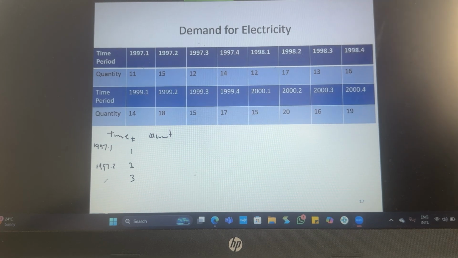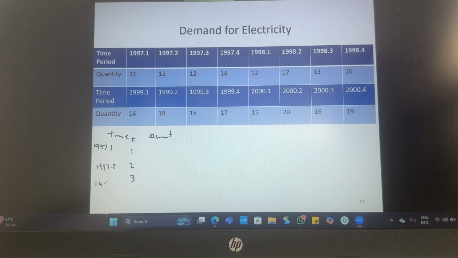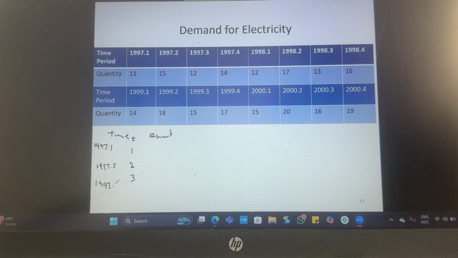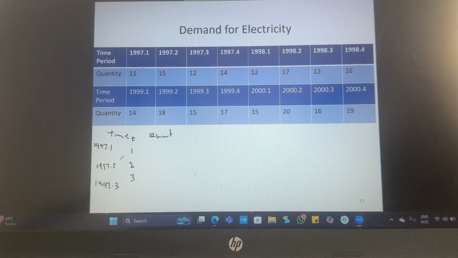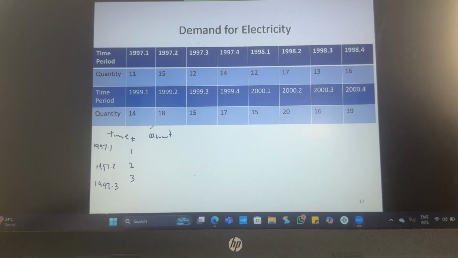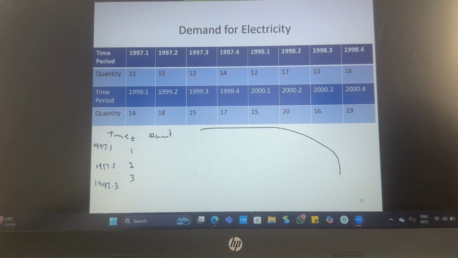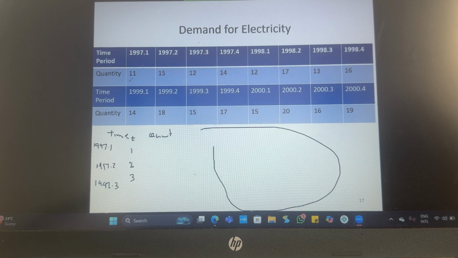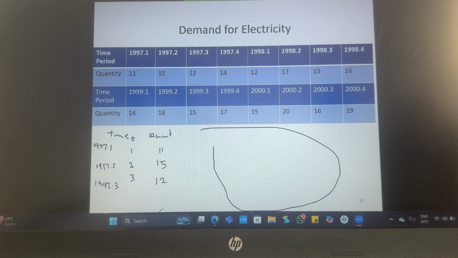And 3 is 1997 third quarter. Like this, you write this data set vertically, with some space in front, because we are going to do one exercise. The quantity here is 11, 15, 12, like this. You better write down now.